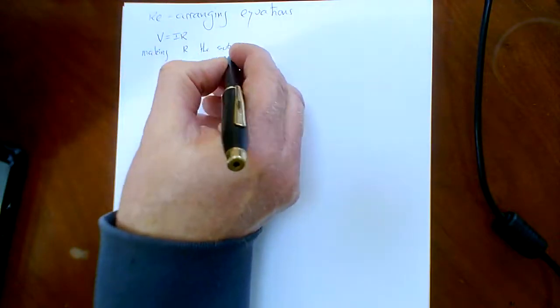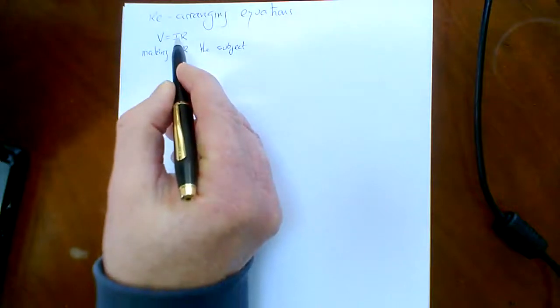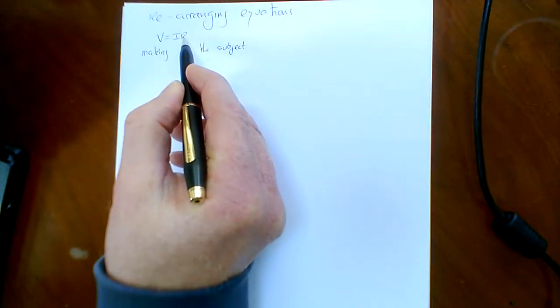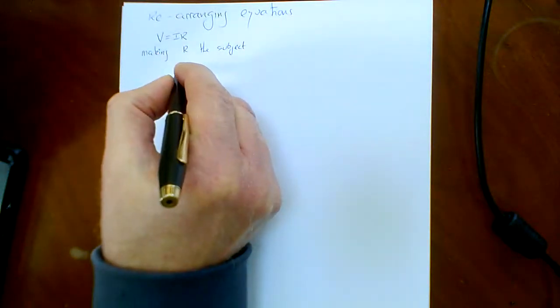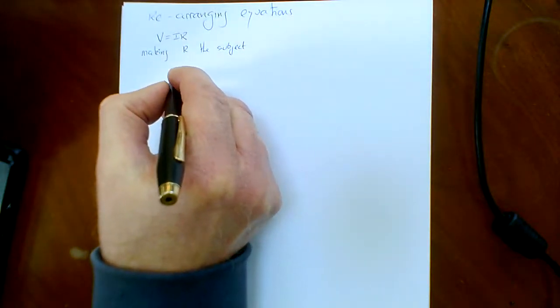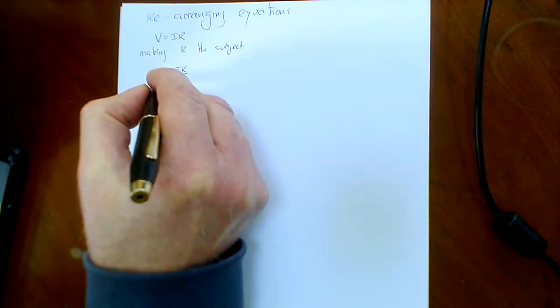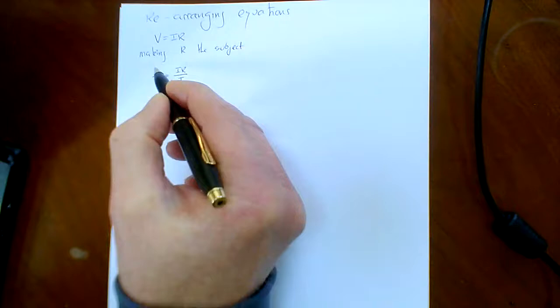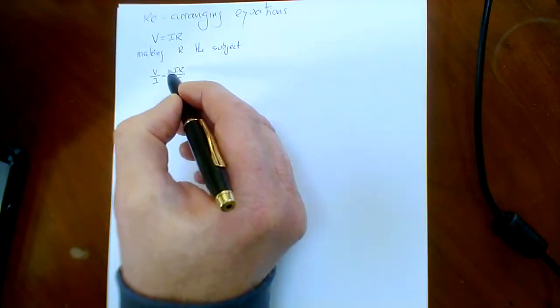what you have on the right hand side is I times r. So what I want to do to get just r on that side, if I divided it by I, then I have to divide the other side by I as well, because if I don't, it's not equal anymore.